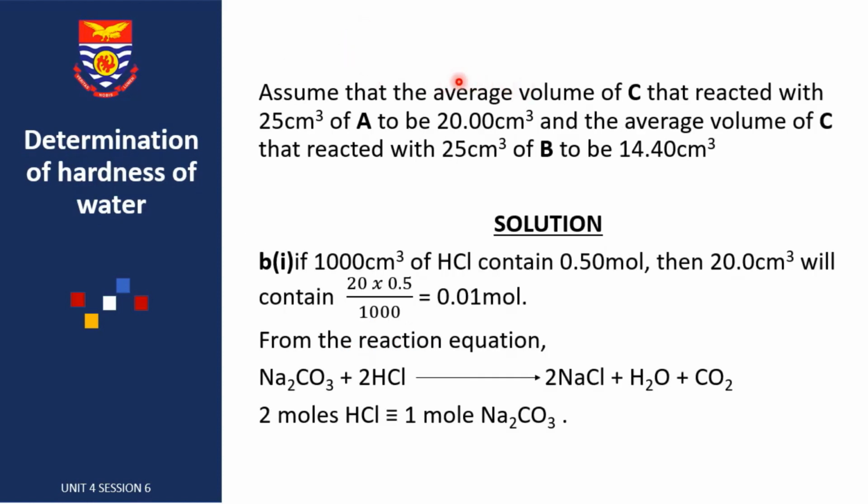So we have been given volumes. Assume that the average volume of C that reacted with the 25 cubic centimeters of A is 20, and that of B is 14.4. So let's start, and we are starting with the acid.